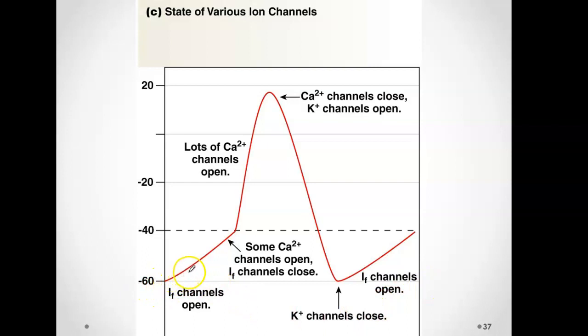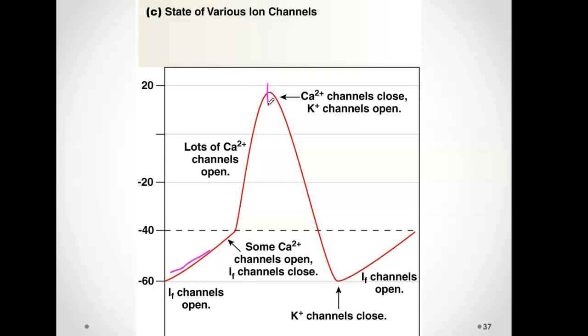They're opening. And then some calcium channels are starting to open here, and then lots of them are opening on the rise. Okay? And the funny channels are limited sort of to this beginning. So these funny channels are going to close, and then this is going to take off when lots of calcium channels open, making it more positive.